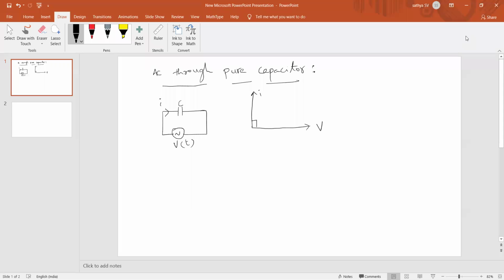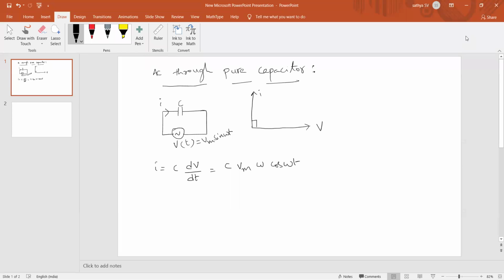So what is the formula for the current passing through a capacitor? I equal to C into dV by dt. Very good. We know the value of V as Vm sin omega t. So taking the differentiation, that is C into Vm omega cos omega t.